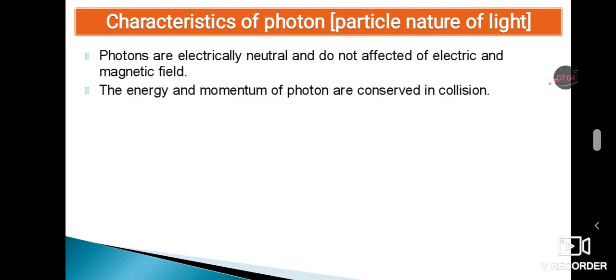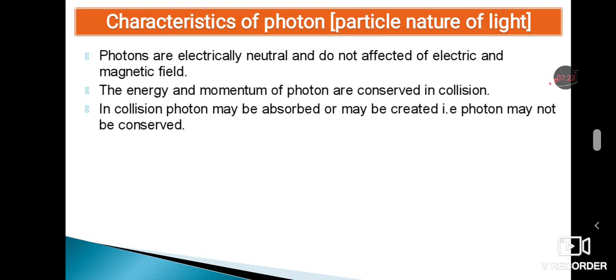Similarly, the second one: the energy and the momentum of a photon are conserved in a collision. So photon and electron collide with each other, but in this collision the total energy as well as the total momentum of the photon is conserved. In a collision, a photon may be absorbed or may be created, that is, the photon number is not conserved.